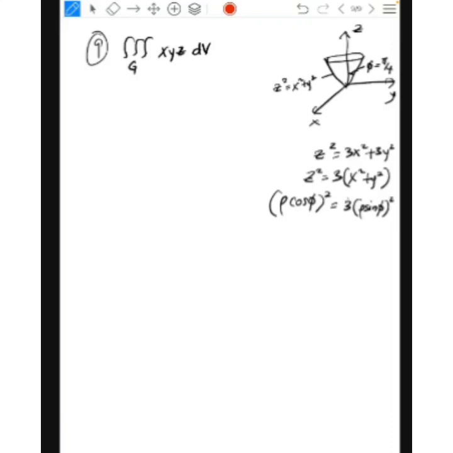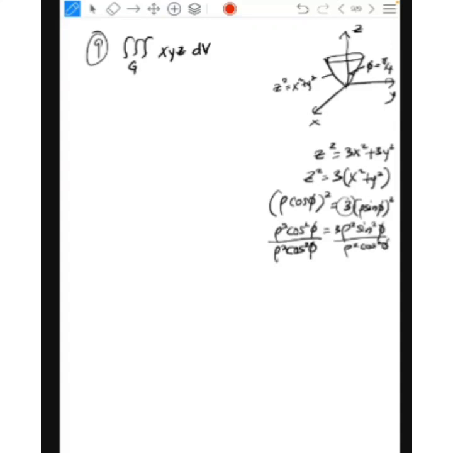Okay, so there is a 3 there. So rho squared cos squared phi equals 3 rho squared sin squared phi. So again divide both by rho squared cos squared phi.